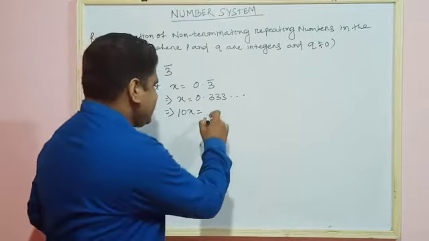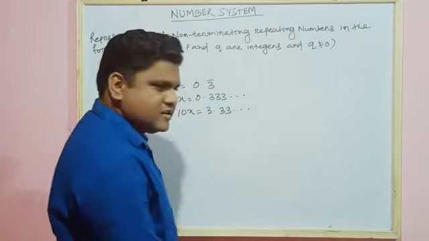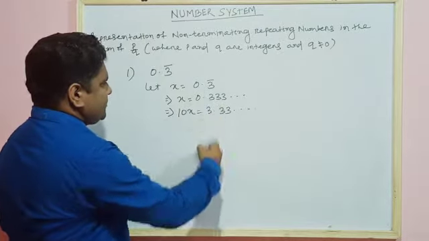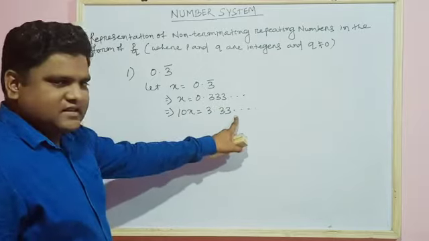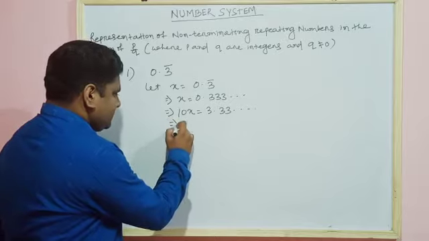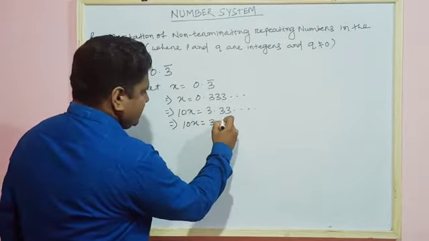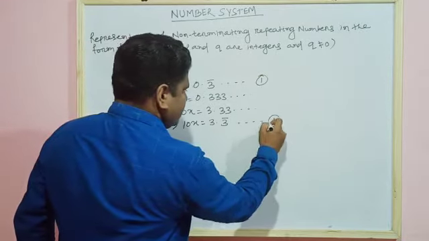So it will be 3.33 and so on. So x equal to 0.3 bar and 10x equal to 3.3333, it is also equal to 3.3 bar. Let it be equation 1 and let it be equation 2.